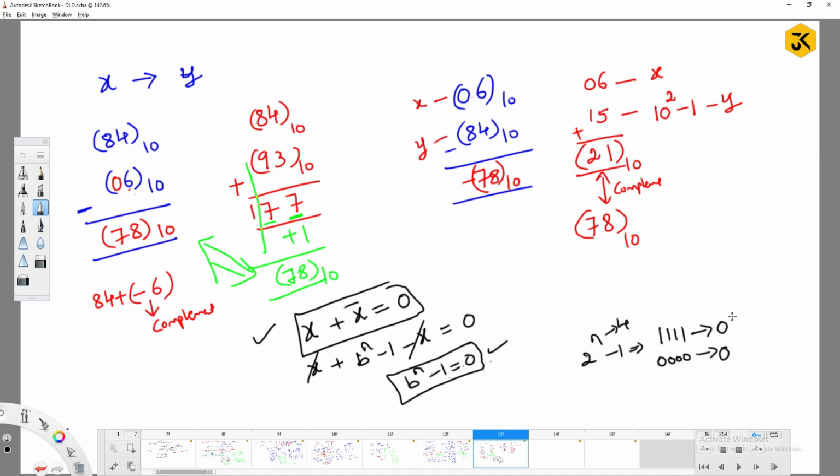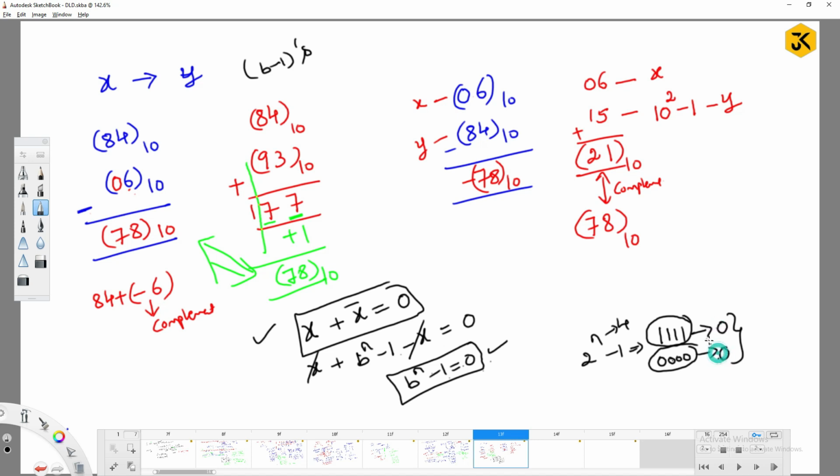Will you get the value 0 or not? Yes. Meaning that in this particular representation, this is what kind of representation? B minus 1's complement. In B minus 1's complement, we are going to have two patterns which will be directed to the same number. Is it a valid thing?